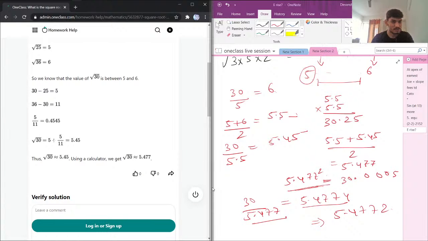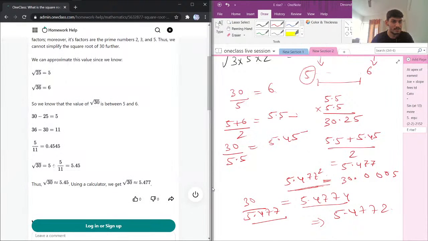Here the given solution is having some sort of error. This 30 minus 25 equals 5, then we have the square root of 30 is between 5 and 6. Okay, 30 minus 25 is 5. 36 minus 30, I don't know what kind of mathematics this is. 36 minus 30 is 11.